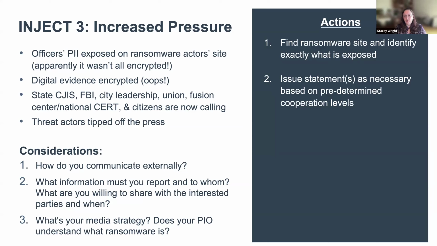And then the final one is really about your PIO, because I can't tell you how many times we see it. The PIO gets told, okay, you need to make a statement about the ransomware that just hit us. And that person goes, great, what's ransomware? This is not the time to be explaining ransomware.